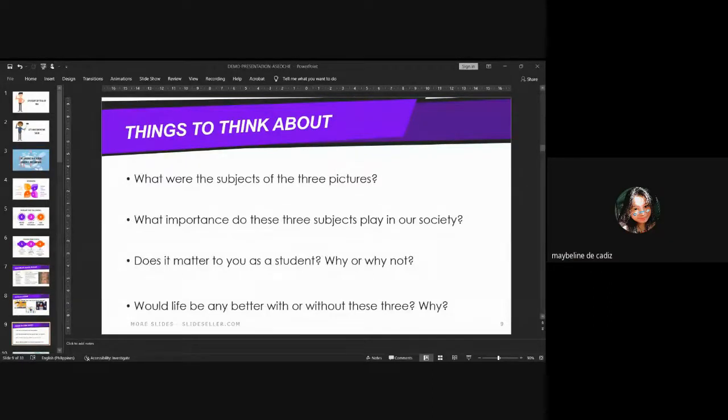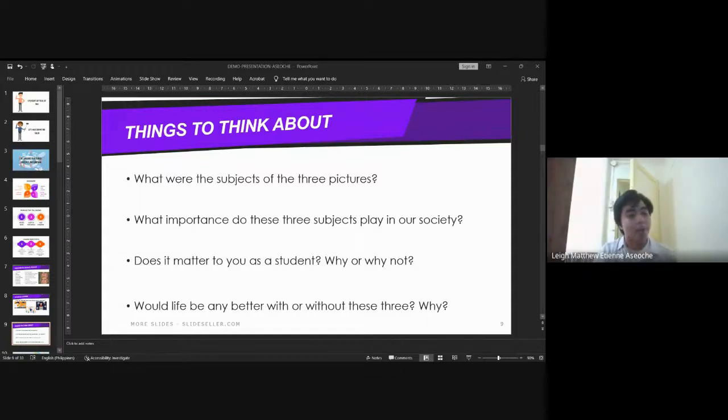Life would be better if we have these three, sir, because it helps in building the foundation for our successful society. Okay, very good. It serves as a foundation for a successful society. Wow, that was deep. Thank you very much, Miss Decades.